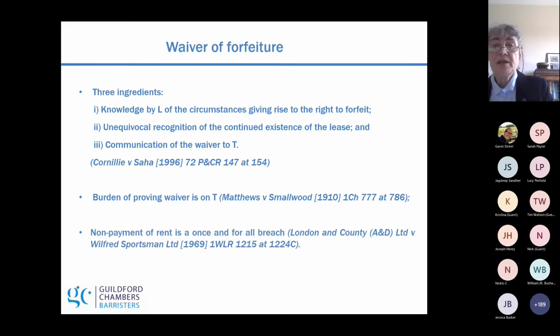I will elaborate on each element, but note that the burden of proving waiver is on the tenant, and non-payment of rent is a once and for all breach. So once it has been waived, the landlord cannot rely on forfeiture in respect of that particular payment.